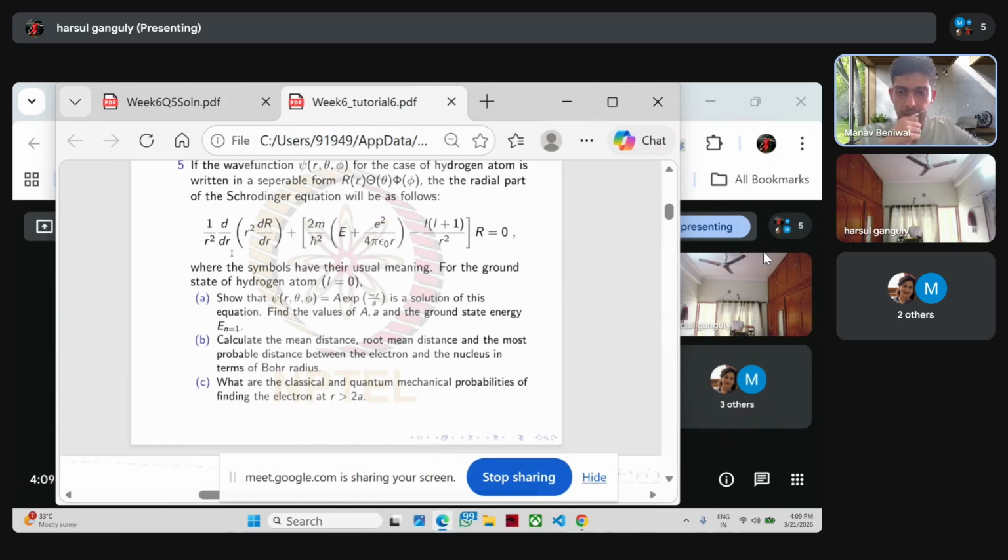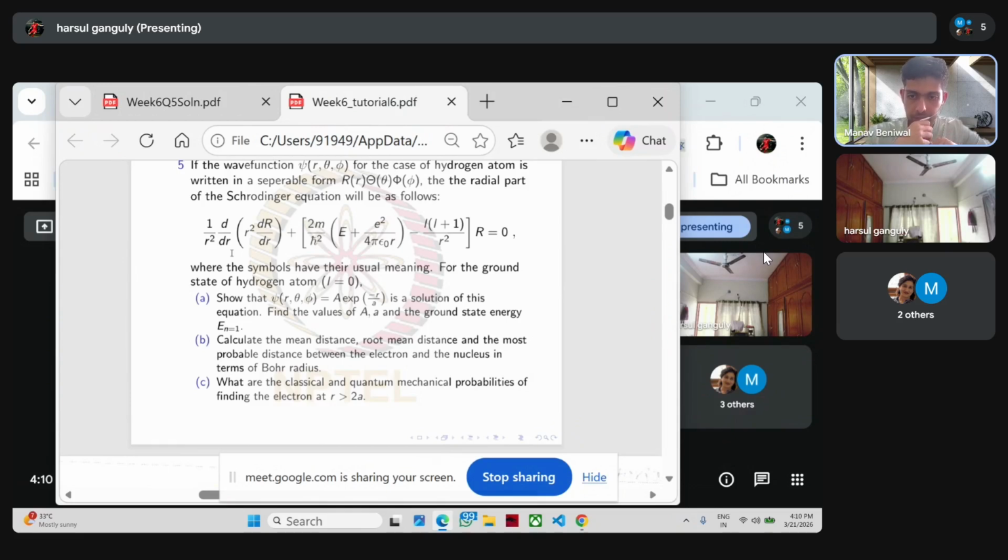I think we can just substitute for psi in the equation given above, and that should be enough. Then we have to find the values of capital A, small a, and the ground state energy, n equals 1. Then we calculate the mean distance, square mean distance, and the most probable distance between the electron and the nucleus in terms of Bohr radius.